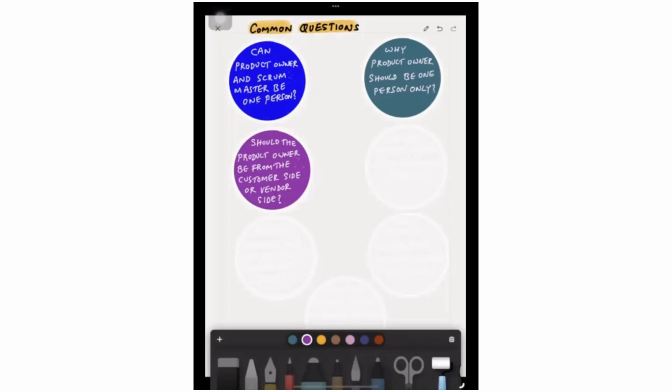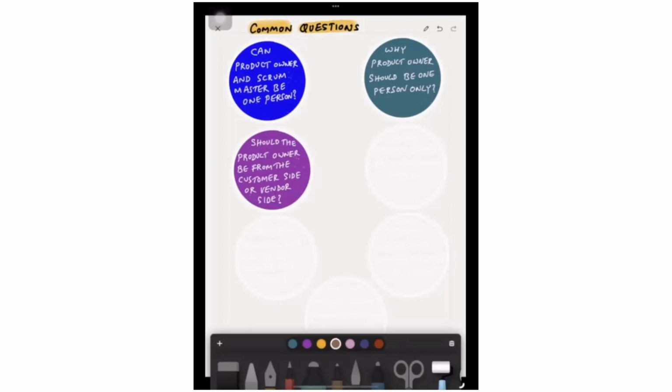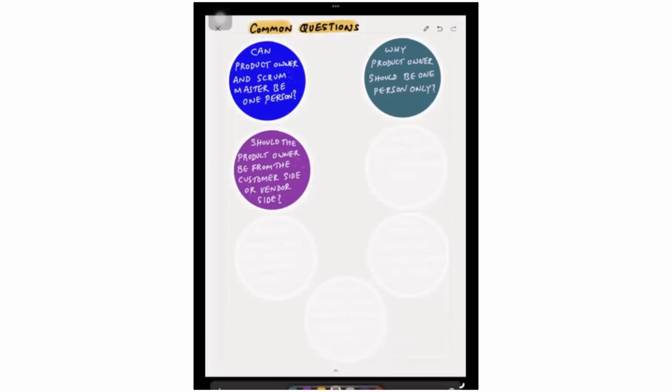As long as the product owner is part of the Scrum team and closely working with the developers and Scrum Master and representing the stakeholders, it's not a big problem, whether coming from customer side or vendor side. But according to my experience, if the product owner is coming from the customer side, there will definitely be some advantage because the product owner is part of the business network of the customer.